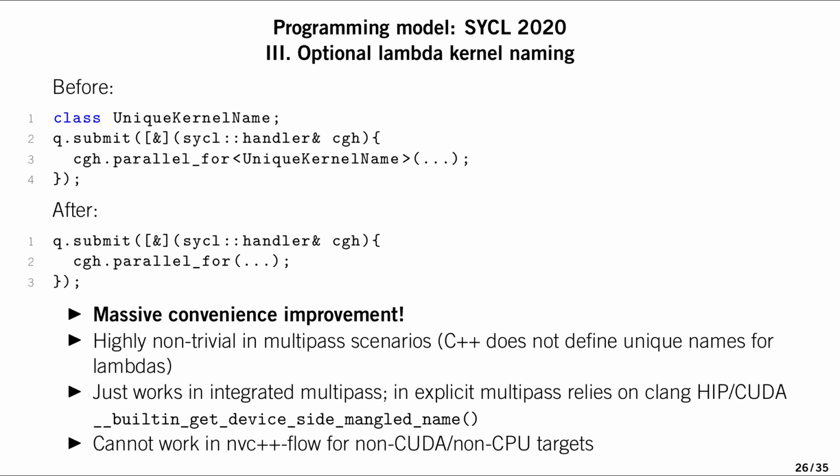In explicit multipass, we have to implement this functionality ourselves, and to do this, we are leveraging the built-in get device side mangled name from the Clang HIP and CUDA toolchain, which allows us to obtain the mangled name of a kernel function in the host pass, as it would be mangled in the device pass. This, however, cannot really work in the NVC++ flow for non-CUDA, non-CPU targets, because NVC++ does not have this built-in.